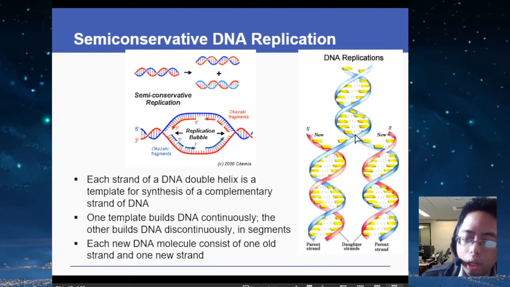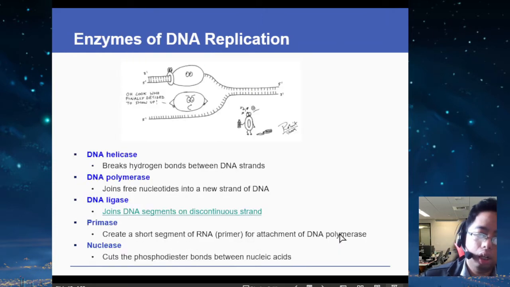The old DNA will unzip, so the new DNA will be made based on the template in the old DNA, or the parent DNA. Now you have the new DNA made out of two. One is the parent strand, one is the daughter strand. So here are the DNA replication enzymes. You have helicase. Helicase means that it is anti-helix.